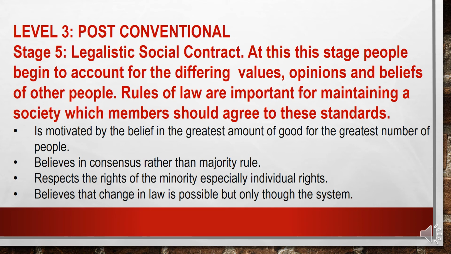So a person is motivated by the belief in the greatest amount of good for the greatest number of people. Okay, and people believe in consensus rather than majority rule. People respect the rights of the minority, especially individual rights, and believe that change in law is possible, but only through the system.